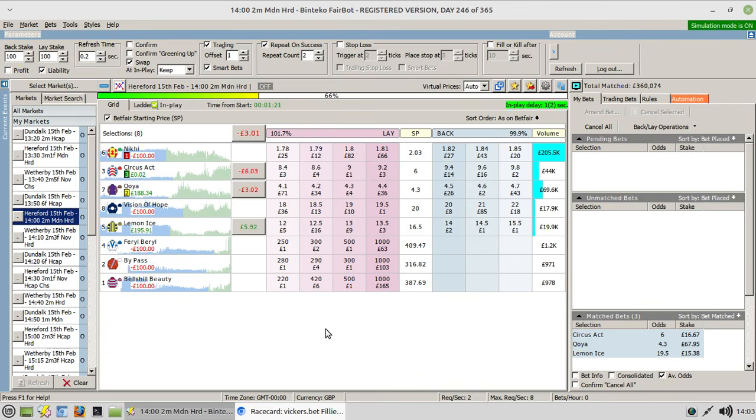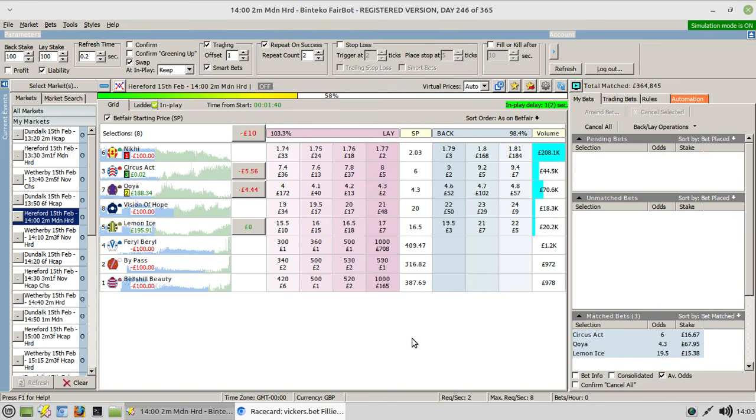So you can see we're halfway around, and the favourite has come in a little bit, but it hasn't made a huge impact on the overall green up position. So you could certainly manually trade out if you were still uncertain and then get a relatively small loss.